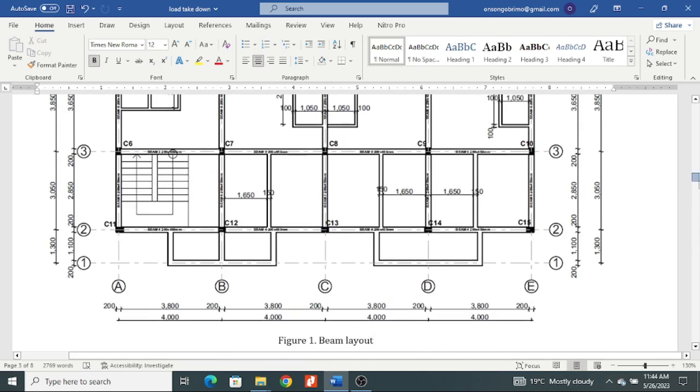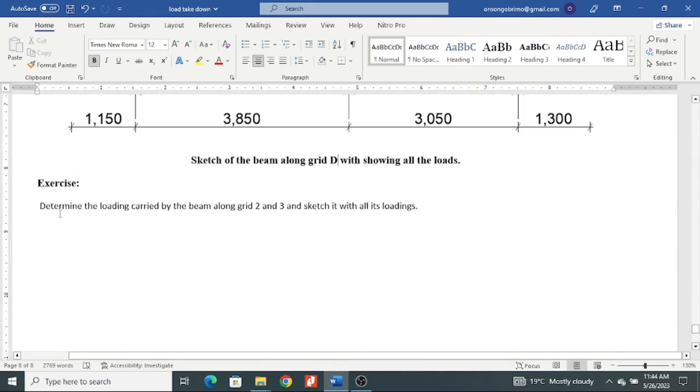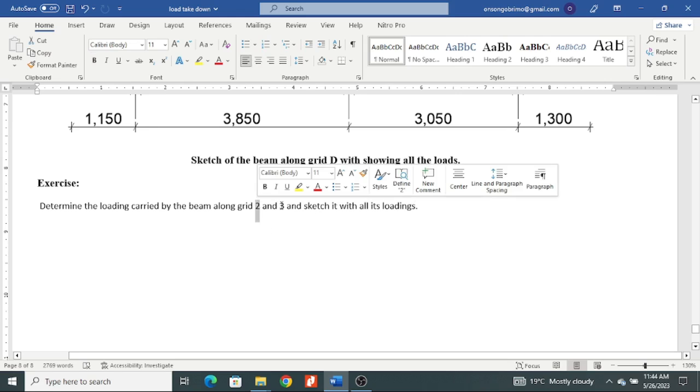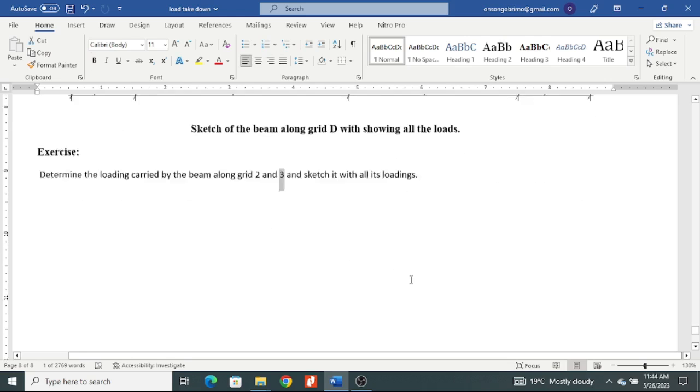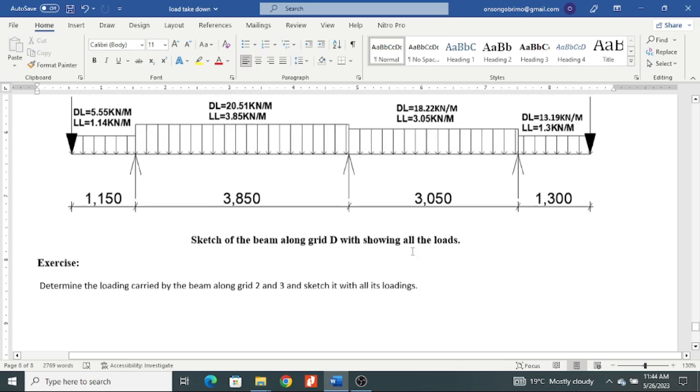So having said that, I believe we have come to the end of our lesson today. So determine the loadings carried by beam 2 and 3 and sketch all its loadings. So before you go to the next class, kindly ensure you do this. This is your assignment, and come up with the loadings that you are going to use to design your beam.